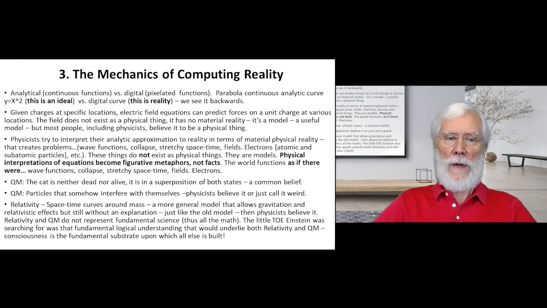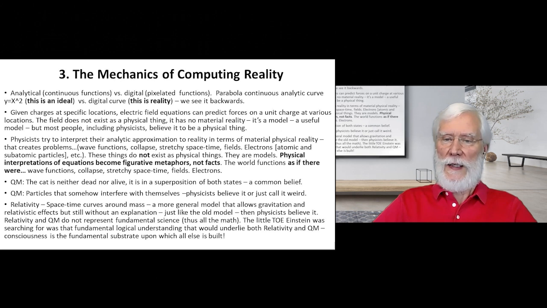Okay, also from the double slit, particles somehow interfere with themselves. When they go through one of the slits, we don't know which one, then they somehow interfere with themselves and create an interference pattern. Well, physicists say all kinds of strange things, like the particle goes through both slits at the same time and interferes with itself, or other equally silly things.